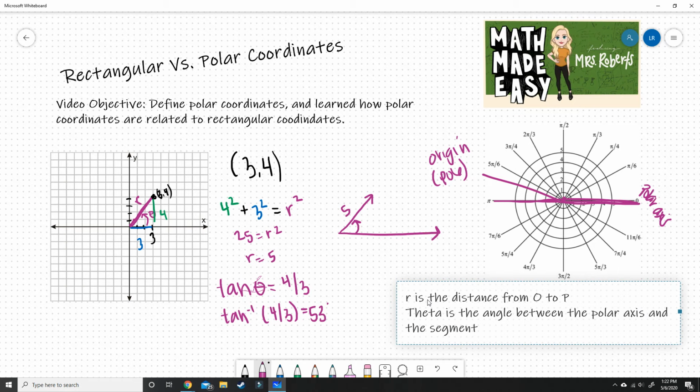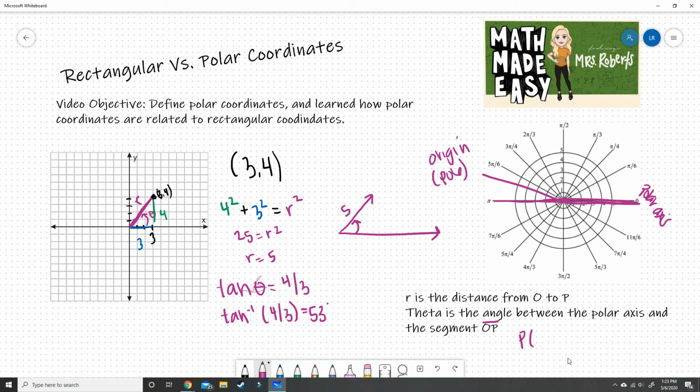And that segment is OP. So there's some vocabulary for us. Let me put a little line above this because that is a line segment. And the two big things here are r and theta. And when we are writing our ordered pairs for the polar coordinate system, we write the point as r, theta. That's not so bad.